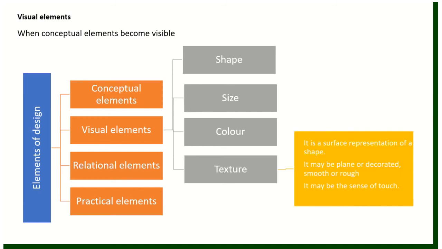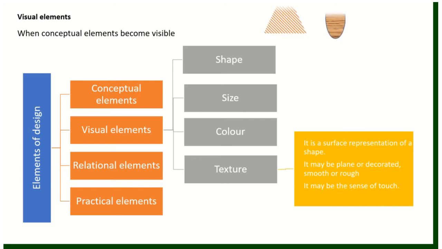But if we represent the surface, definitely the representation should give some variation. So this texture, which represents the surface of the shape, may be a plain surface, or a decorated surface, or a smooth or rough surface.